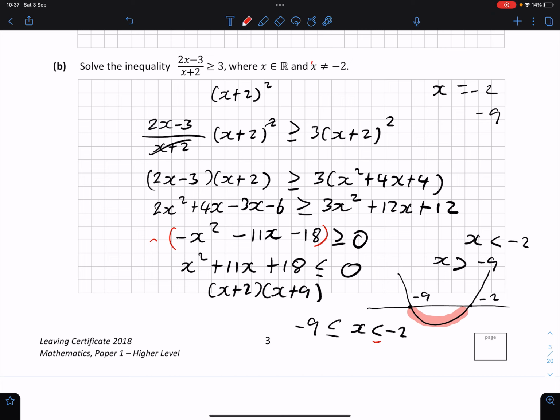Even if they didn't tell us this, we should still know that if we sub minus 2 in for x, then you're dividing by 0, which is undefined, and you're breaking the rules of mathematics. So our final answer should be x is strictly less than minus 2, and greater than or equal to minus 9.